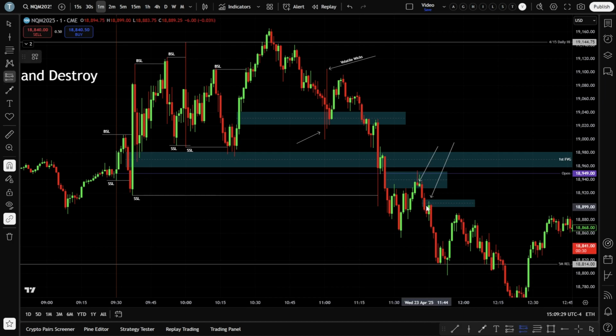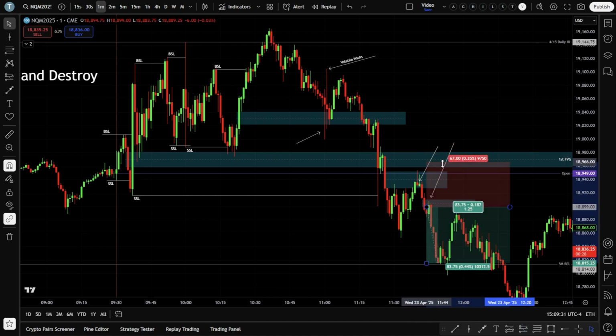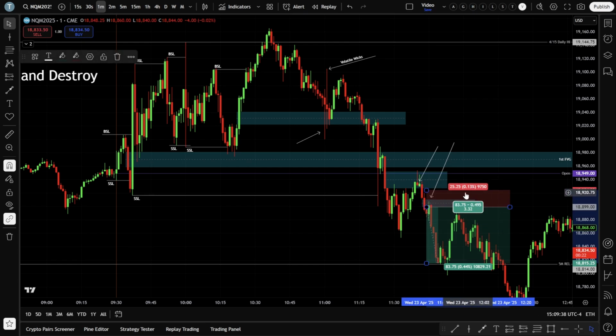If you were to get in short right there, your stop loss has to be above the candle. You say you can risk 25 points. Now it would be better to at least come up to the consequent encroachment. So risking about 45 points. That would be a better stop loss.